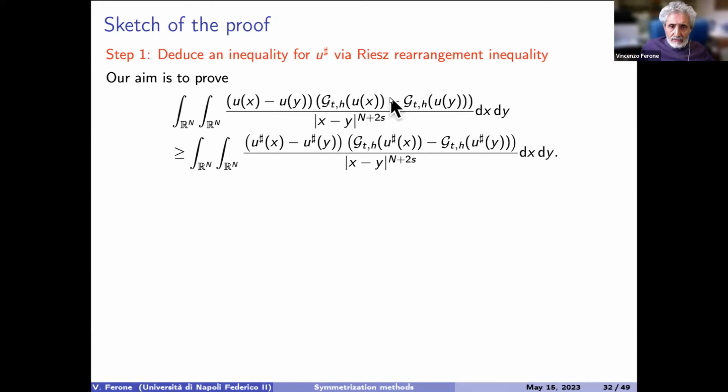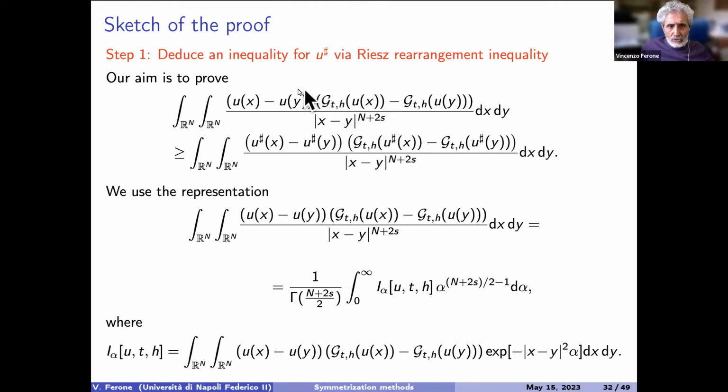We put it into the equation, and the aim is to prove that this integral, which is the same which was written before with G_{t,h}(u(x)) minus G_{t,h}(u(y)), is greater or equal than the corresponding quantity when u is substituted by u sharp.